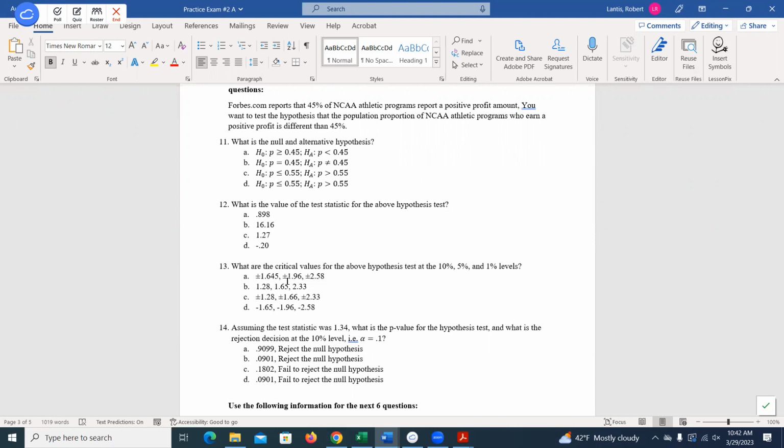I found a sample proportion of 0.55, so I found evidence on the right side of the distribution. I'm sorry, someone should have called me out. It wasn't 1.47, it was 1.27. I wrote the wrong number. So what we think about is this area in the right tail.